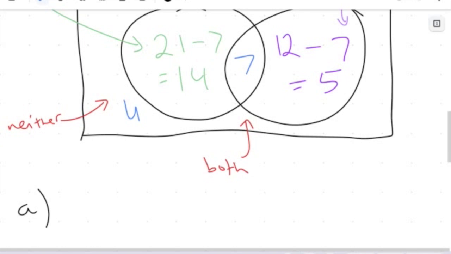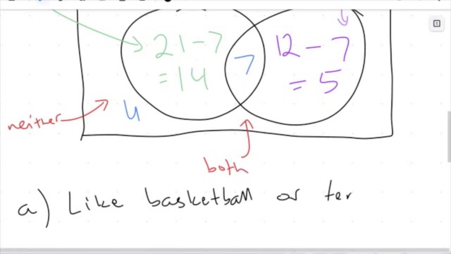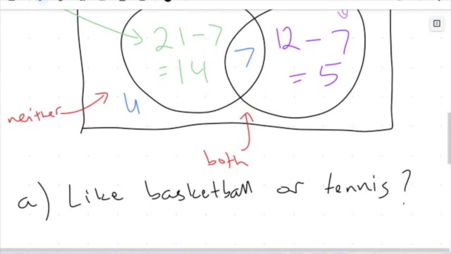So let's just quickly summarize the information that we have here. So part A, we're asked how many people like basketball or tennis. So what space is this considering?